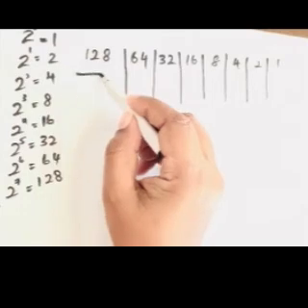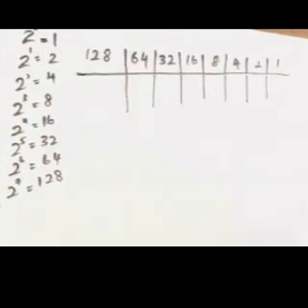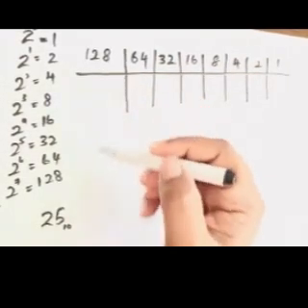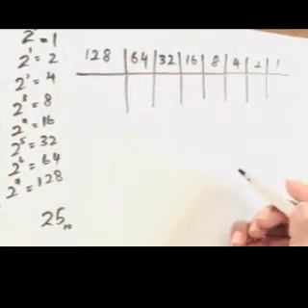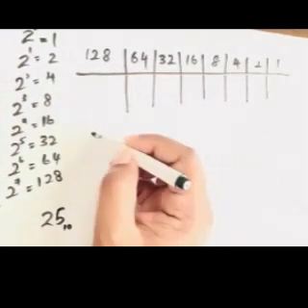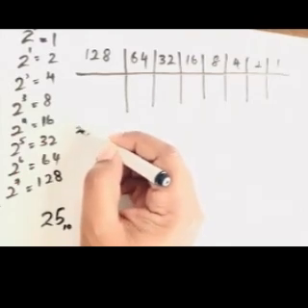So this table consists of 2 rows like this. Now let's take the same example. I'm going to use decimal 25 and convert this into binary using this second method.